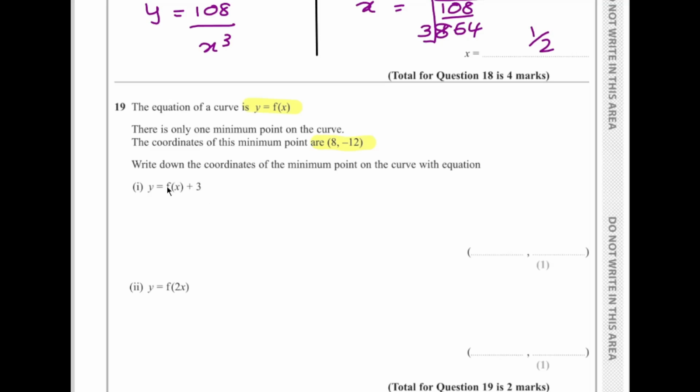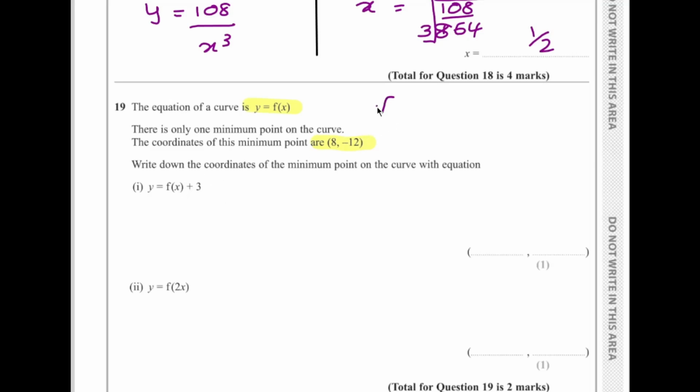So f of x is the original curve, plus 3, which means this is out of bracket. If there is addition or subtraction, it is translation. And this addition is out of bracket.